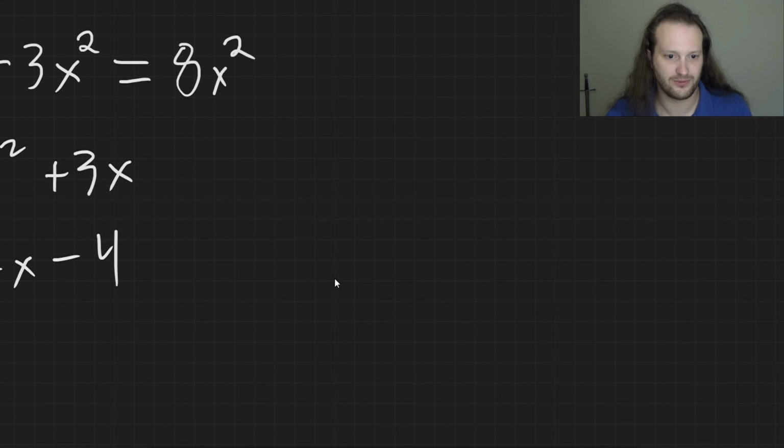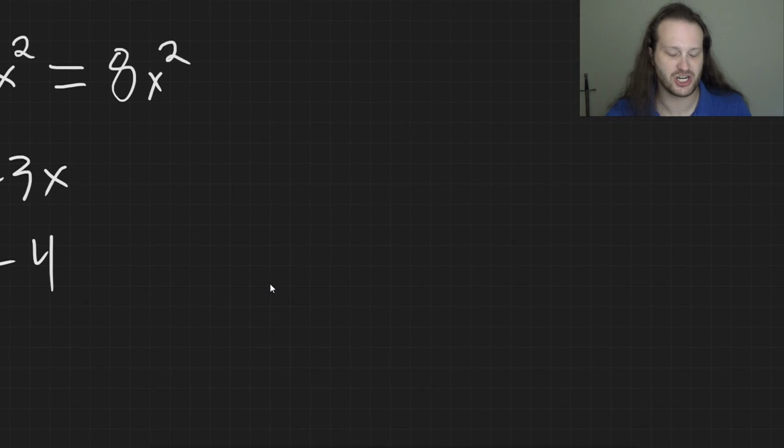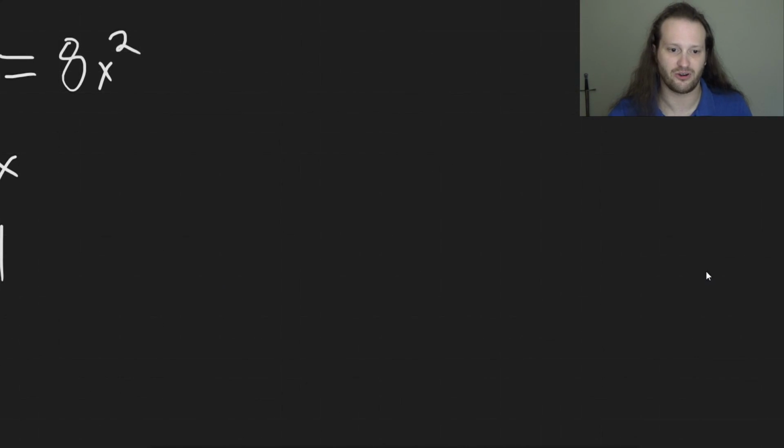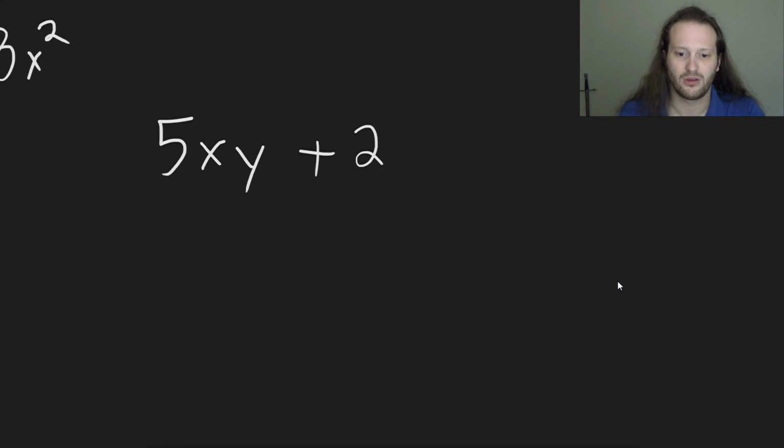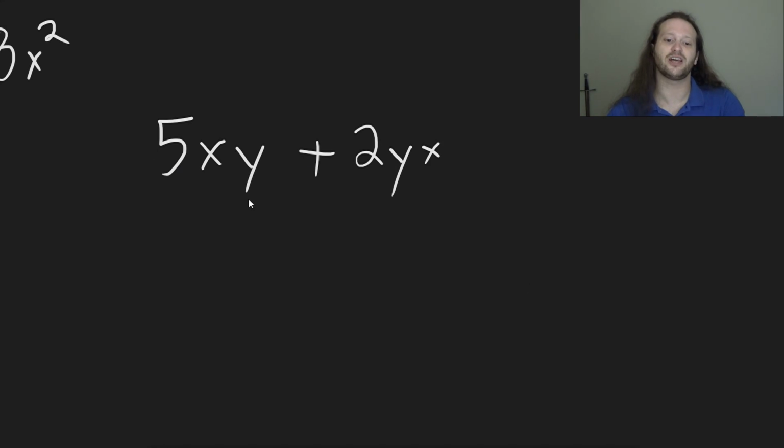We can have more than just a single variable. We can have multiple unknowns. These are like terms because they have the same combination of variables. What about if I used the commutative property and just switched the y and the x? Are these still like terms? Yeah, they are. But there's a general convention.